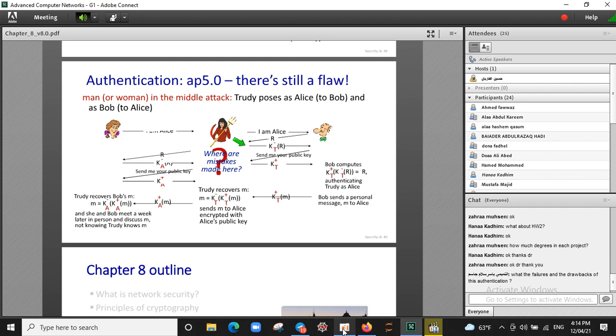Trudy would encrypt it, but with her or his key. Here, K of T, key of Trudy. Okay, this one here.